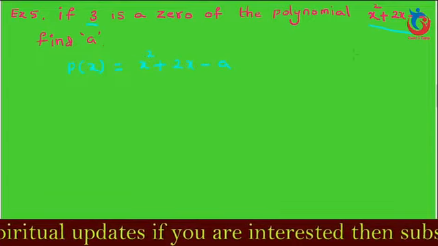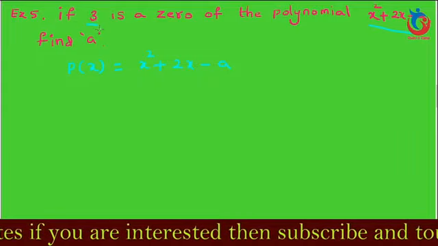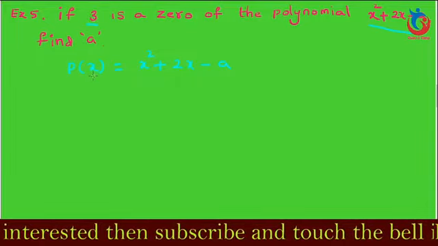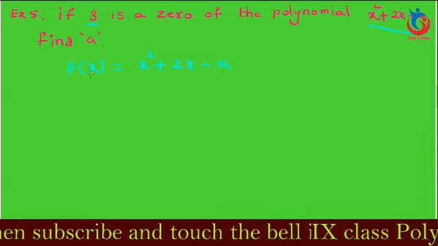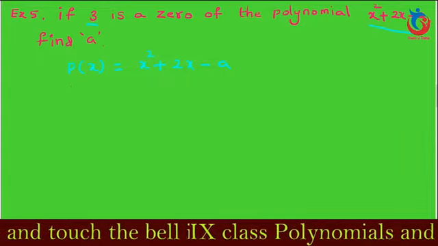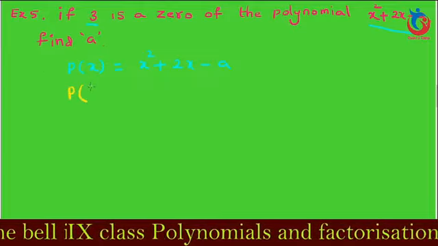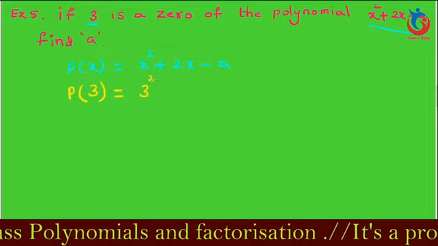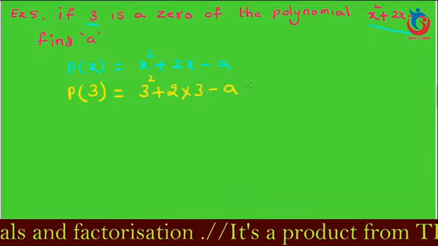Here, for this question, 3 is the zero. Then what do we know about zeros? When the zero is substituted in the place of x, we get the answer 0. Already we know that the meaning of zeros is that only. So what we have to do, we should write p of 3, in the place of x write 3, is equal to 3 square plus 2 into 3 minus a.